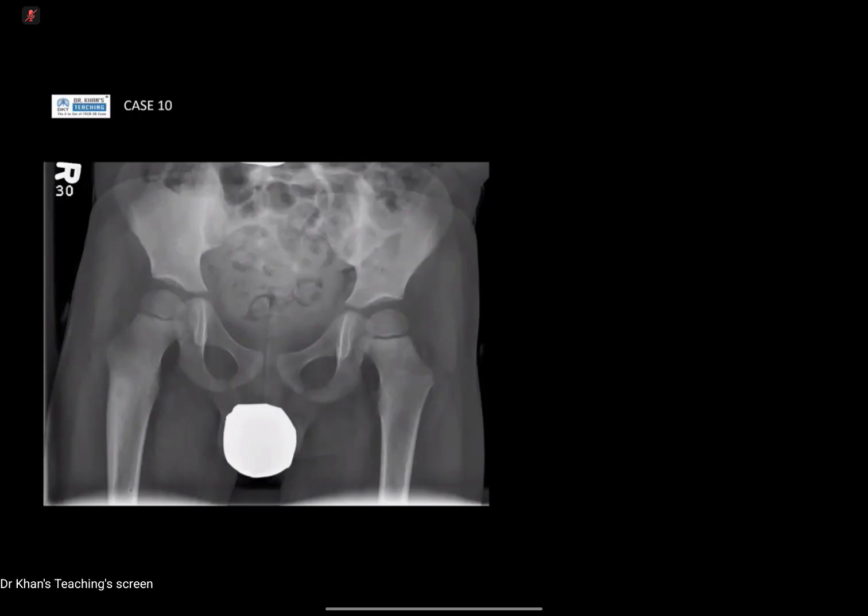So this cortical-based sclerosis with some internal lucency points towards the first differential of osteoid osteoma. The lucency, I'm not sure whether I'm overcalling, or is it a lesion in the femoral neck.